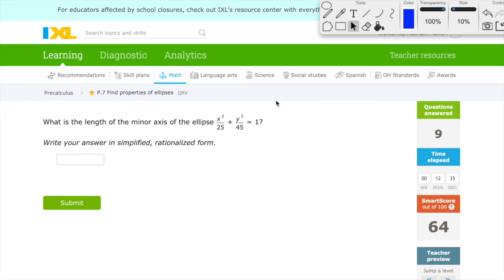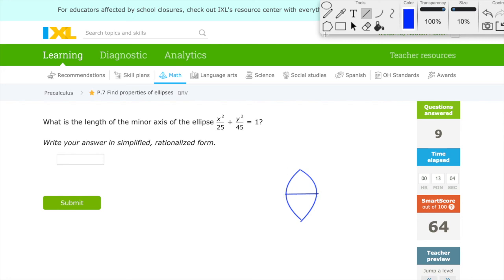Okay, minor axis. So let's draw this again. If we think about it this time, the bigger number is underneath the y, so it would be up and down this time. And then minor would be from here to here across. It wants to know how far that is.